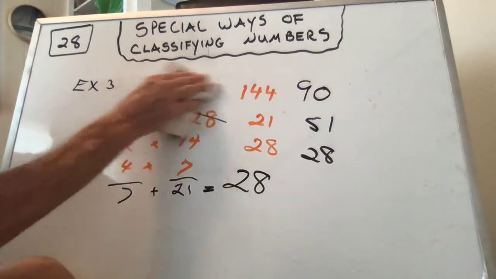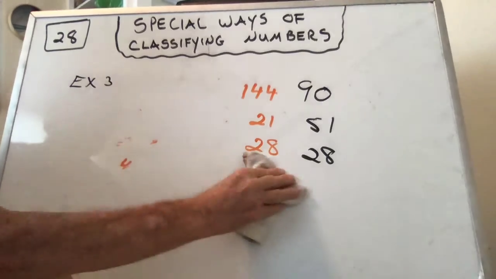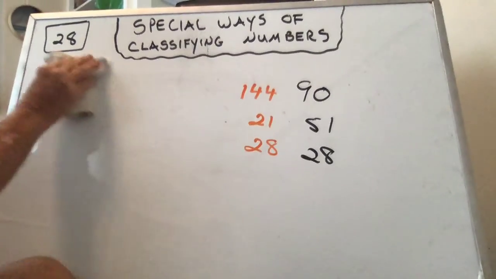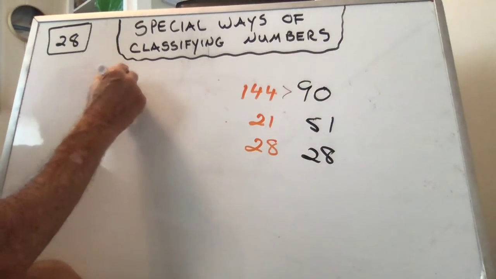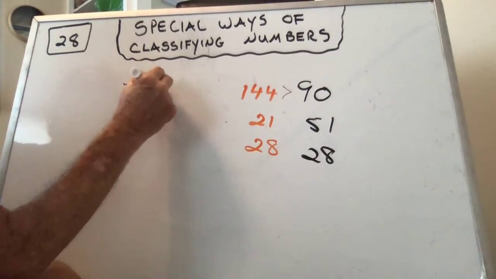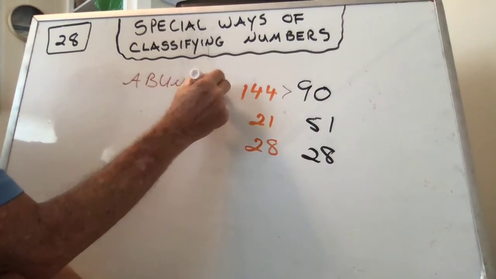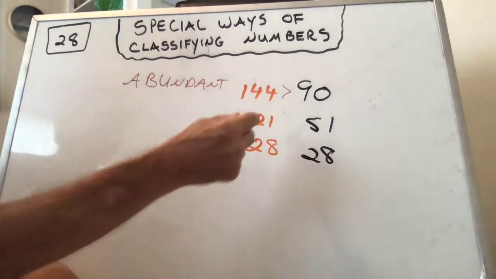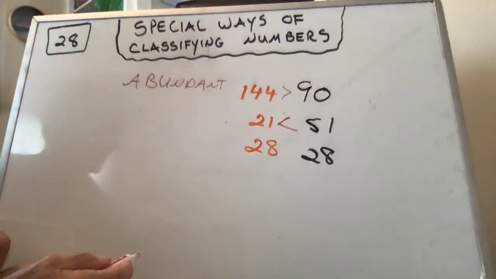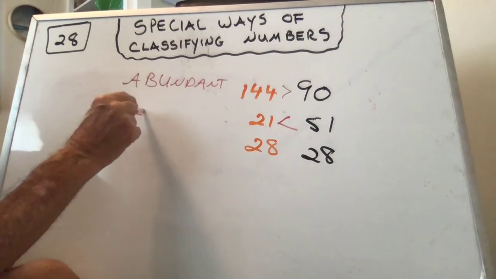So, we're going to summarize this. If you have more factors than you need, abundant. 90 is an abundant number. If you have less factors than you need, this is smaller than that, it's called deficient.